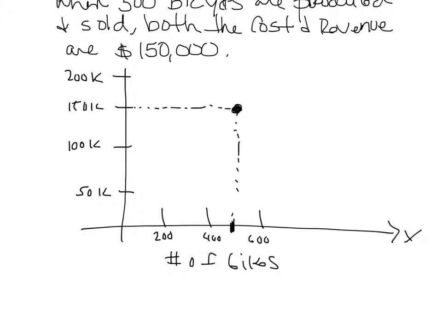Pretend we don't know that's the point of intersection. This is our R of x, and our cost function, C of x, is 100,000 plus 100x.